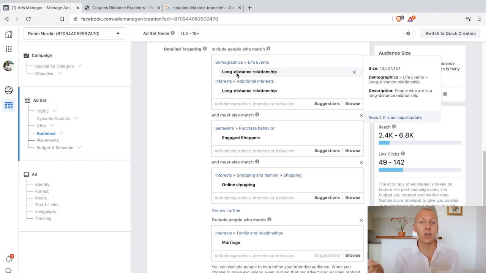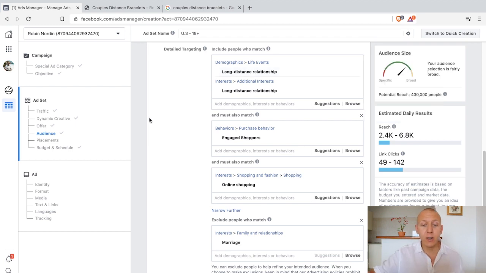So don't target dog lovers. A smarter targeting would be to target people who buy dog food, because only the people who own a dog are going to be buying dog food, right? So that would be the more clever way of targeting people who own a dog and who would be more interested in buying a dog necklace. So we always have to get into the psychology of what kind of person this is, and does this mean that this person is interested in buying what I have to offer?